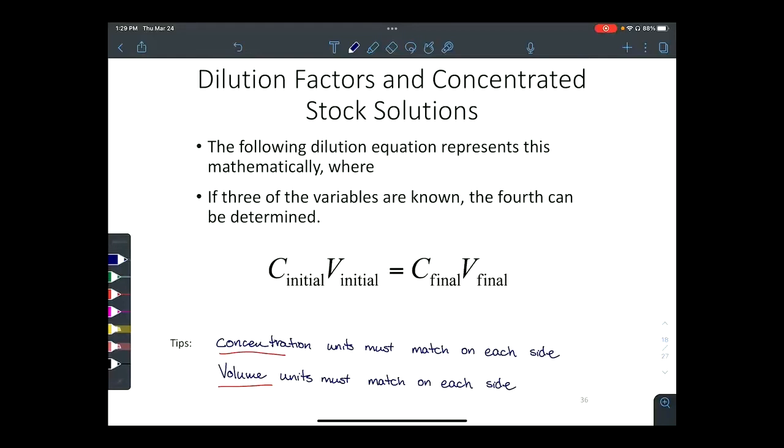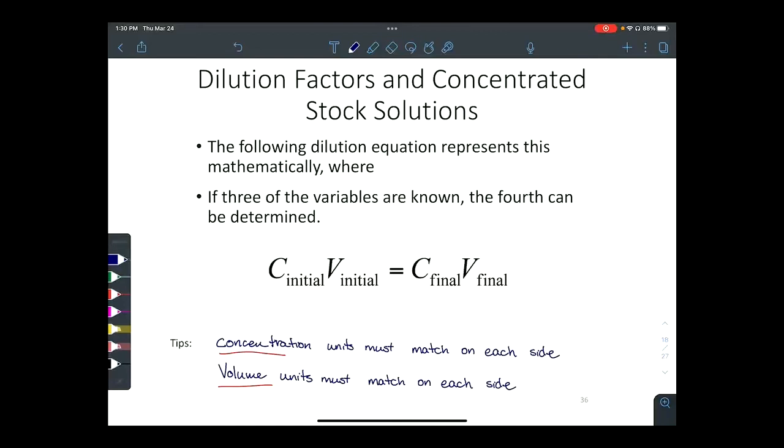So in high school, if you heard the term M1V1 equals M2V2, the big M means molarity. But the beauty about this equation, how I have it written here, you can use any concentration unit for C. You can use molarity, you can use percent by mass, you can use percent by volume, you can use percent mass over volume, it doesn't matter.